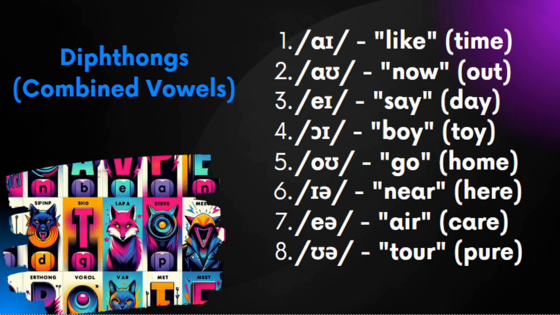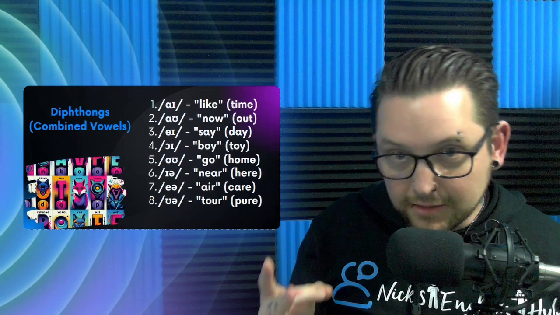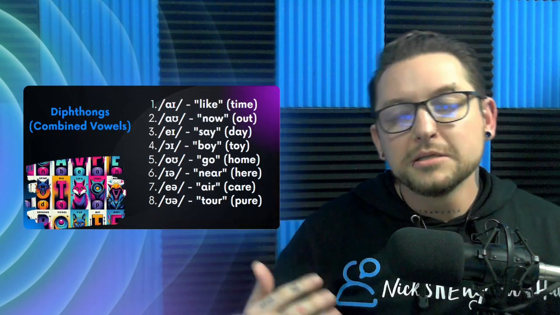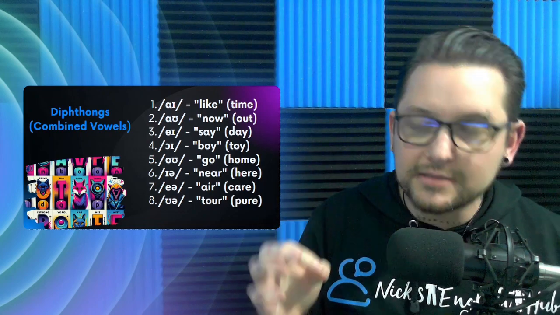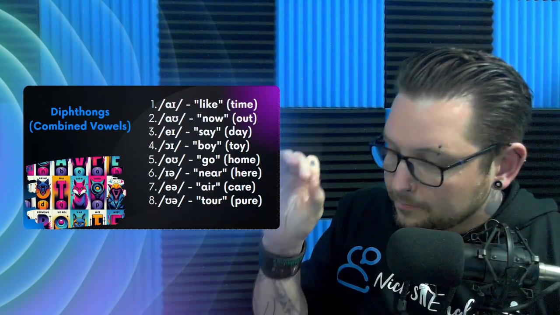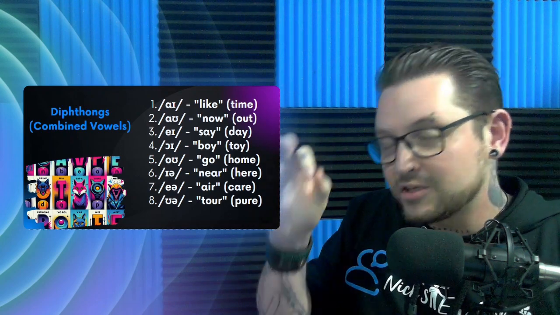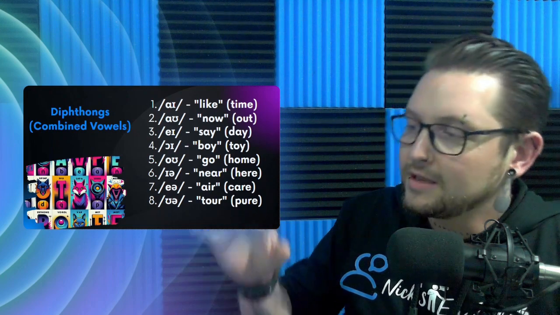These are diphthongs. Now, let me clarify here, because we went over some monophthongs and some diphthongs, and I just went over them somewhat quickly. I'm not getting into them very much in detail. In a future video, I will be making an entire video focusing just on vowels and all the different sounds.